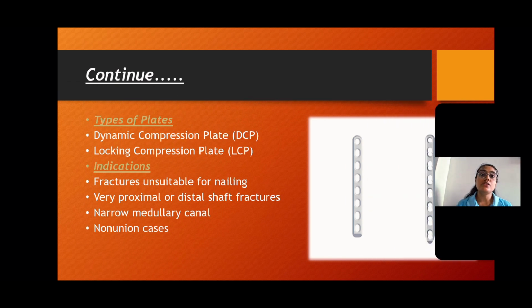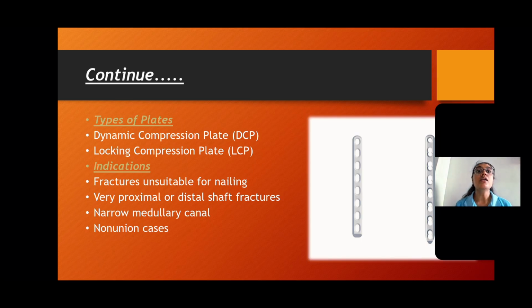Indications: fractures unsuitable for nailing are fixed with these plates, such as very proximal or distal shaft fractures, narrow medullary canal, and non-union cases.